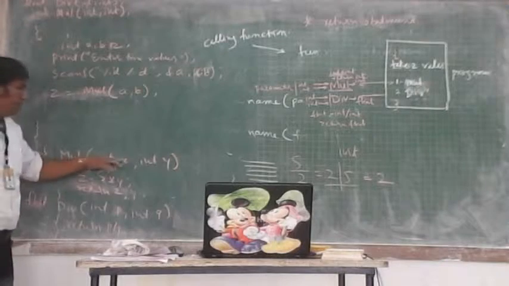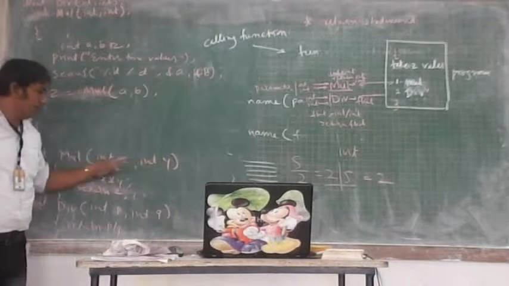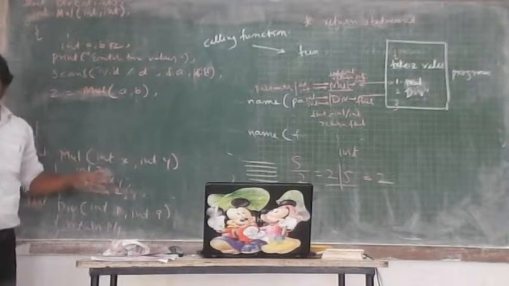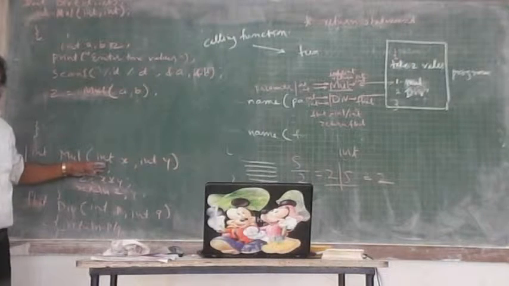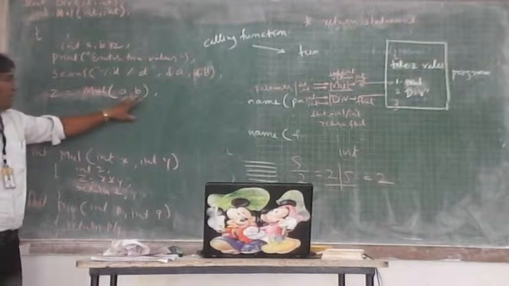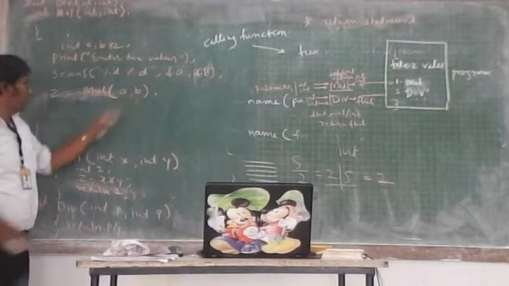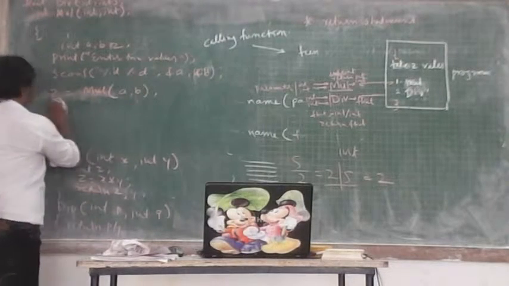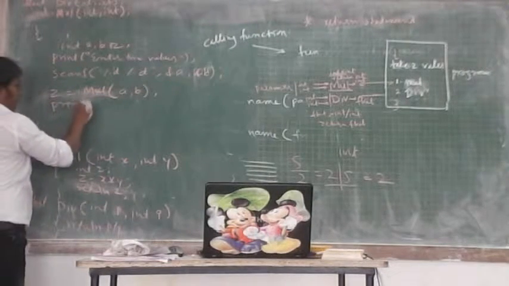Okay, when these x and y will have values, I will tell you. First of all we call the function with a and b, multiplication I call, and what I do, I print.